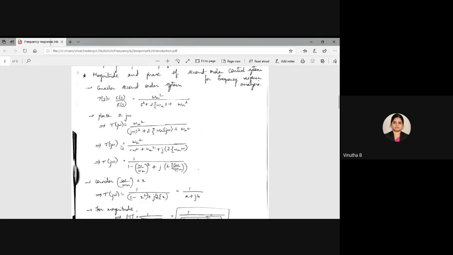T of j omega is equal to omega n square divided by, j square will be minus 1, so it is minus omega square, plus I will take this term first, that is omega n square, plus I will bring the j in the front and put it in the brackets, 2 zeta omega n into omega.